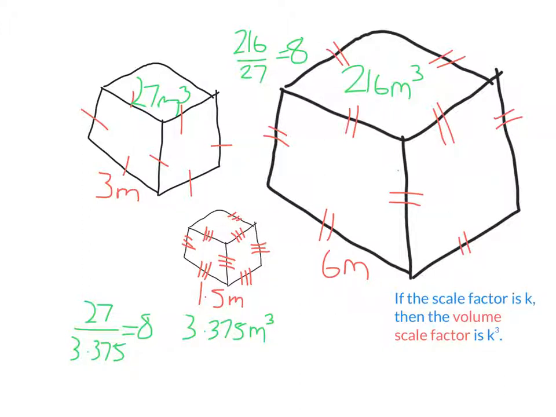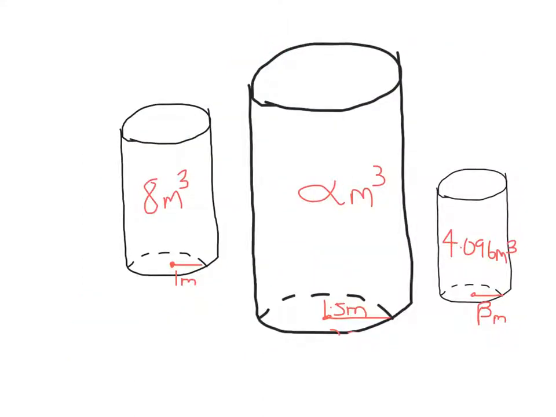So once again, we're going to use this to find some unknown quantities. So we're going to calculate the values of alpha and beta. So let's look first at the first 2 cylinders. What happened to go from this cylinder to this cylinder over here? Well, you can see we've multiplied the dimension, the radius, by 1.5. So the scale factor is 1.5.